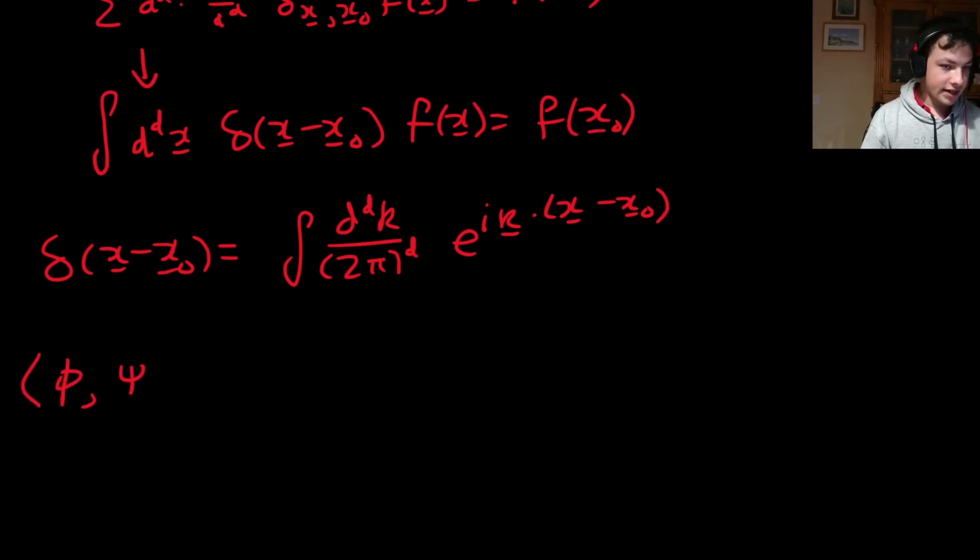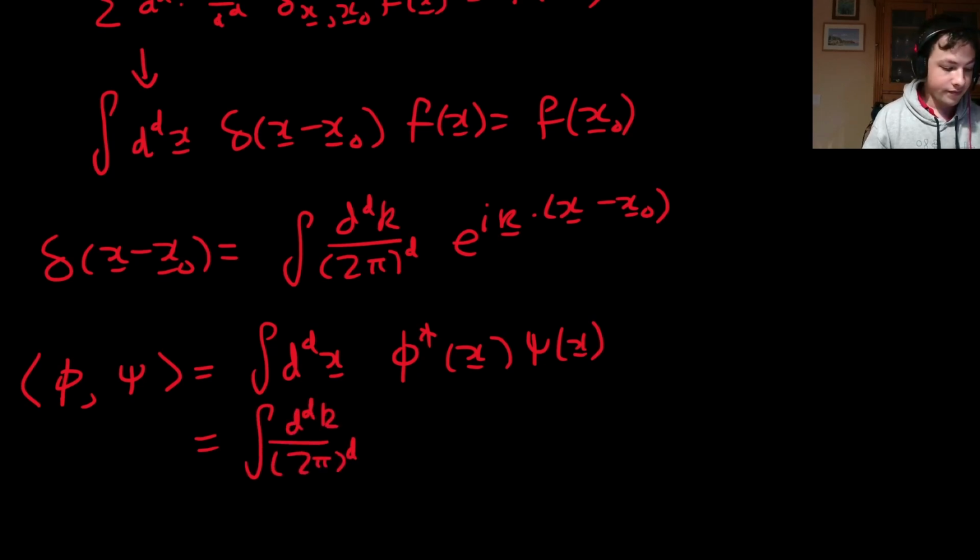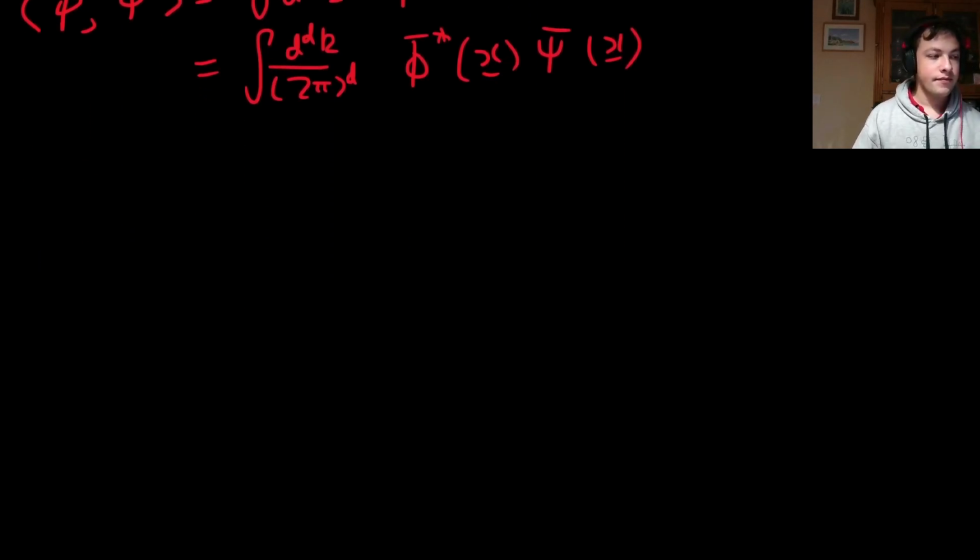So ⟨φ, ψ⟩ is now just going to become the integral d^d x of φ*(x) ψ(x), or the integral d^d k over (2π)^d of φ̄*(k) ψ̄(k). Okay, so that's basically all of Fourier theory.